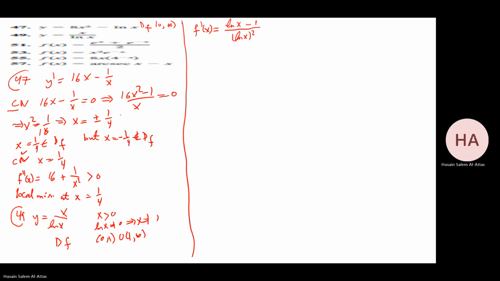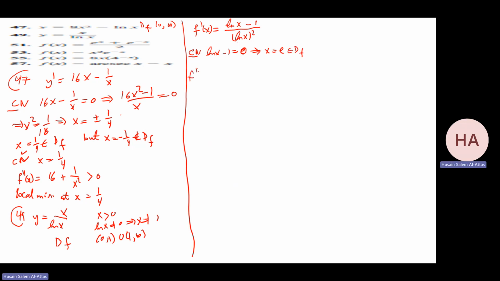So critical numbers means ln x minus 1 equals 0. So that means x equals e. Is it in the domain of f? Yes, it's in the domain of f.